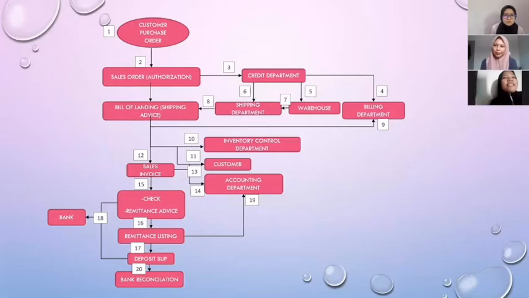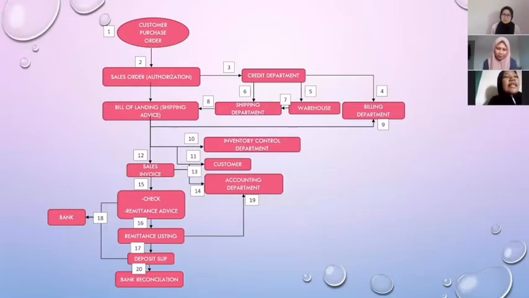After that, the customer will pay, and the company will receive the check and remittance advice from the customer. Then the company will prepare the remittance listing. Next, the company will also prepare the deposit slip, which goes along with the check to the bank.